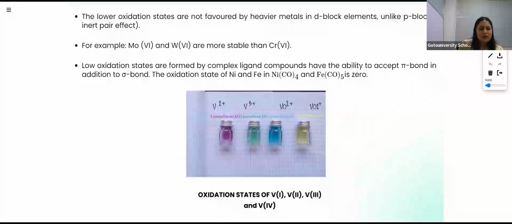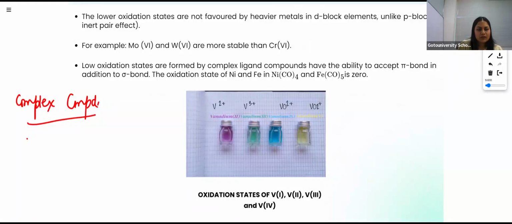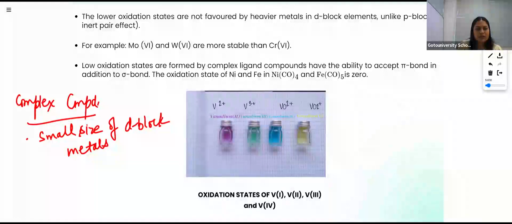See, to form a complex compound, I'm writing here in short, we need a small size of d block metals, and we need high ionic charges to attract ligands.